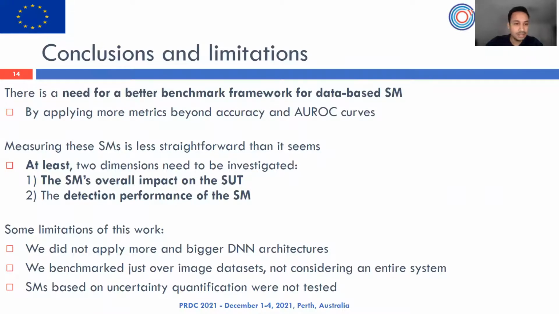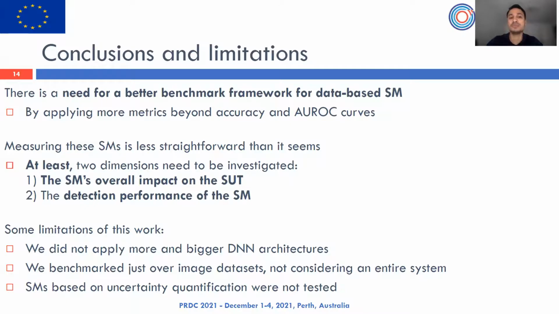So just to finish, some conclusions. There is a need for a better benchmark framework for data-based safety monitors, because we found that this benchmark yielded worse results than the other benchmarks, especially because of the metrics we applied. Normally, the papers that propose safety monitors look at the performance of the safety monitor to detect out of distribution data.